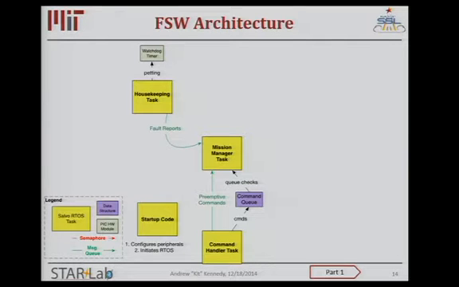We have basic startup code, but then these three main tasks: housekeeping, the mission manager task, and a command handler task. The mission manager task is responsible for implementing that state machine that I showed earlier, so the different operational modes, as well as commanding the payload to do what is necessary, as well as the ADCS to slew when necessary for our calibration maneuvers.